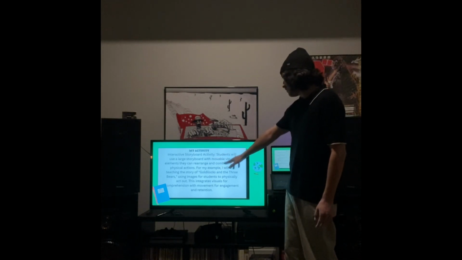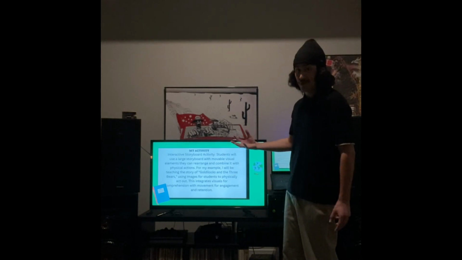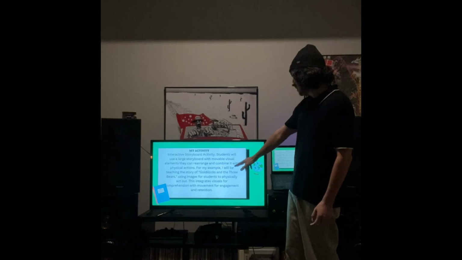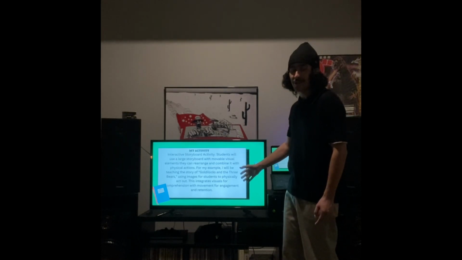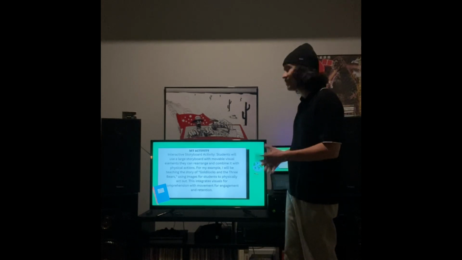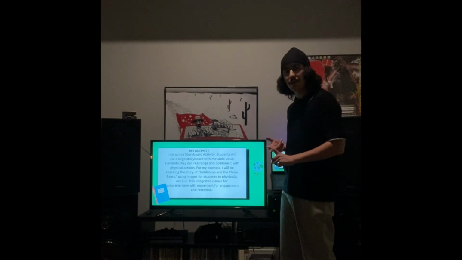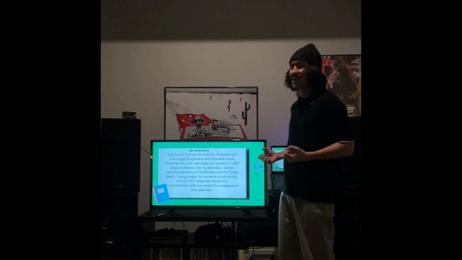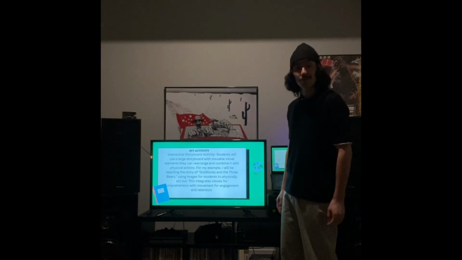I'll be using images for the students to physically act out, so there'll be the visual, and then there'll be the physical. This integrates visual comprehension with movement for engagement and retention. What I just said, but a little fancier. Having one without the other would not make too much sense, so putting them together will provide a nice, meaningful activity that I feel my students would enjoy.